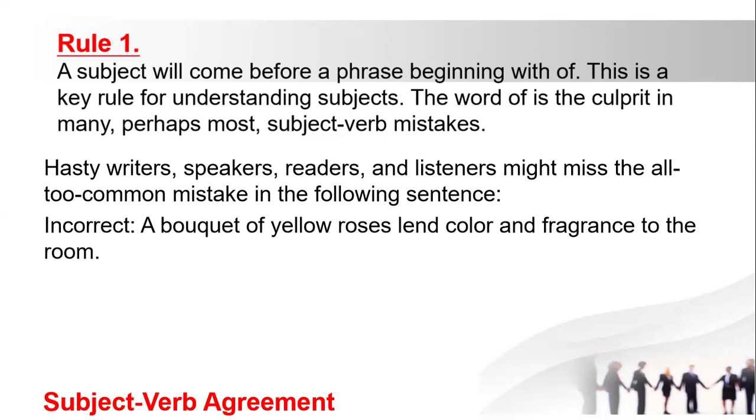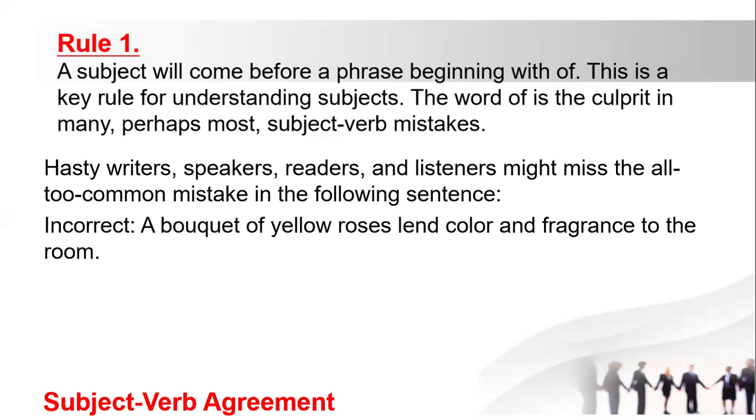Once you understand whether your subject is singular or plural, then it will be easy. Because of of, many people cannot understand whether the sentence will take a singular or plural verb.